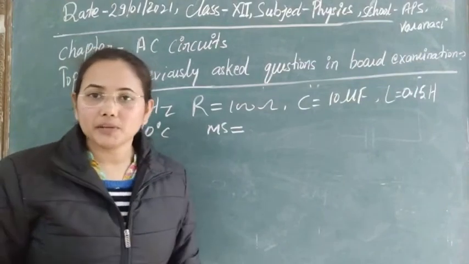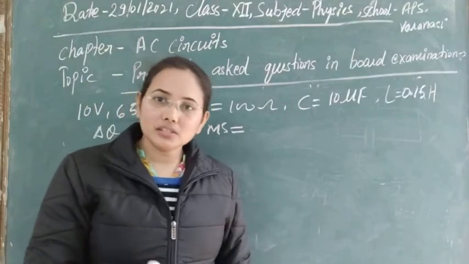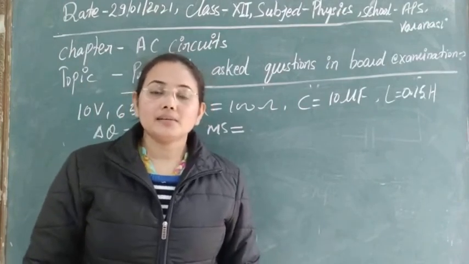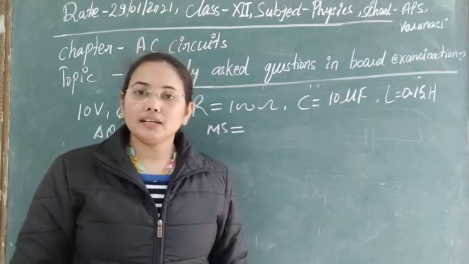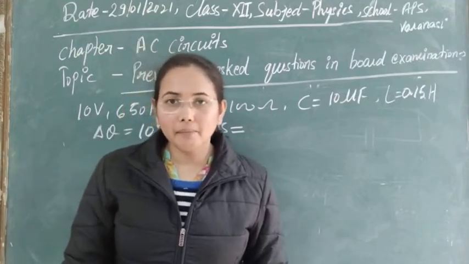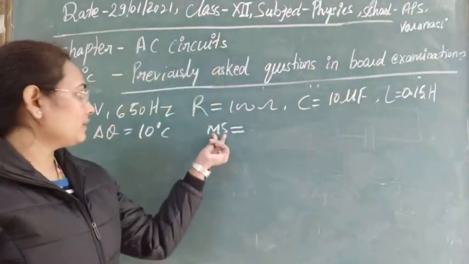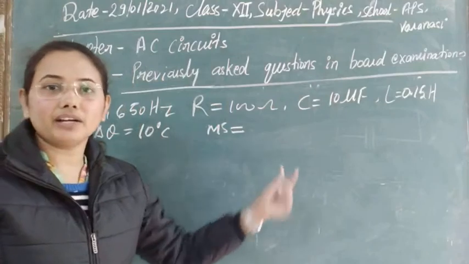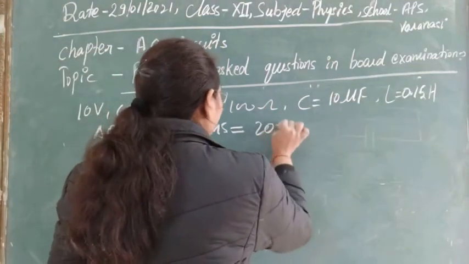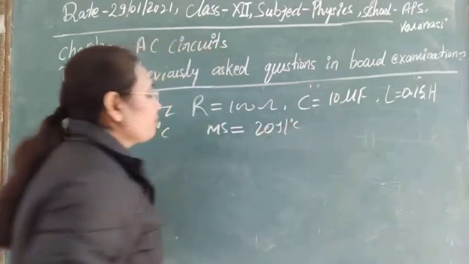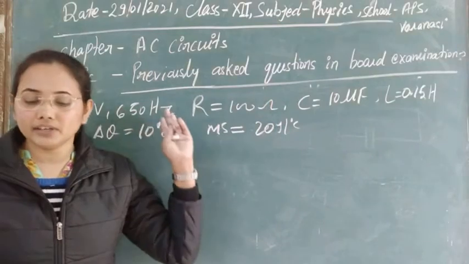Specific heat is the heat required to change the temperature of unit mass by 1 degree Celsius. If we take it for a certain mass M, then it is known as heat capacity. So simply, if we multiply them, we can find the heat capacity, and its value is given as 20 joule per degree Celsius. Clear?